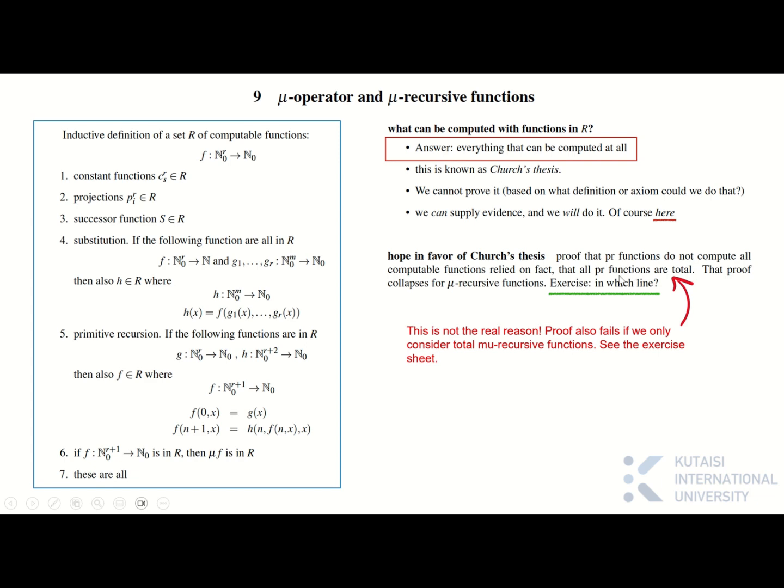In the slides here, it says that this is because the functions before were defined everywhere. No, that is not the reason. You can also consider that the proof fails if we only consider total mu-recursive functions. Meaning what? Let's say I created mu-recursive functions and I only consider the subset of functions which is defined everywhere.